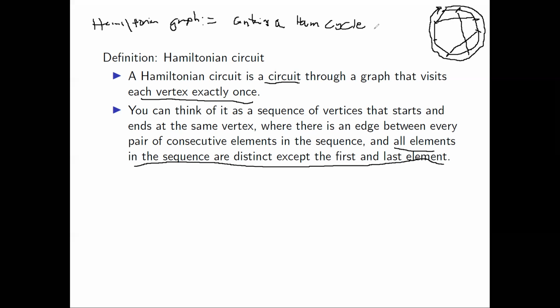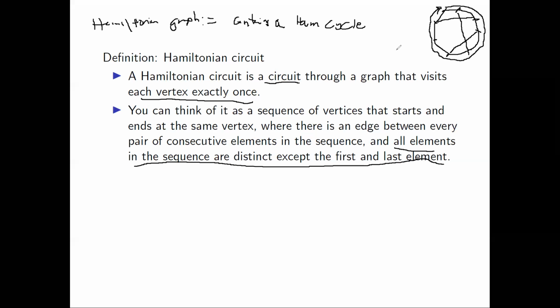It's not a graph that contains a Hamiltonian path, it's a graph that contains a Hamiltonian cycle. So it's more difficult to contain a Hamiltonian cycle than a Hamiltonian path. Because obviously, if you have a Hamiltonian cycle, then of course you also have a Hamiltonian path, just like if you have a Eulerian cycle, you must also have a Eulerian path.